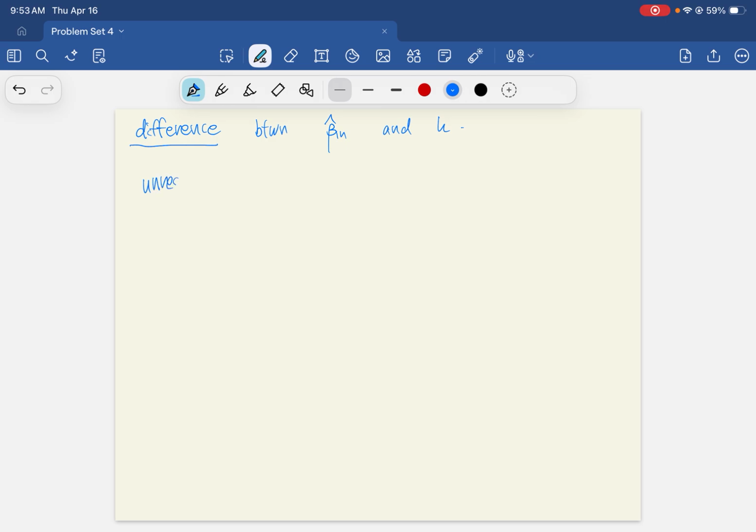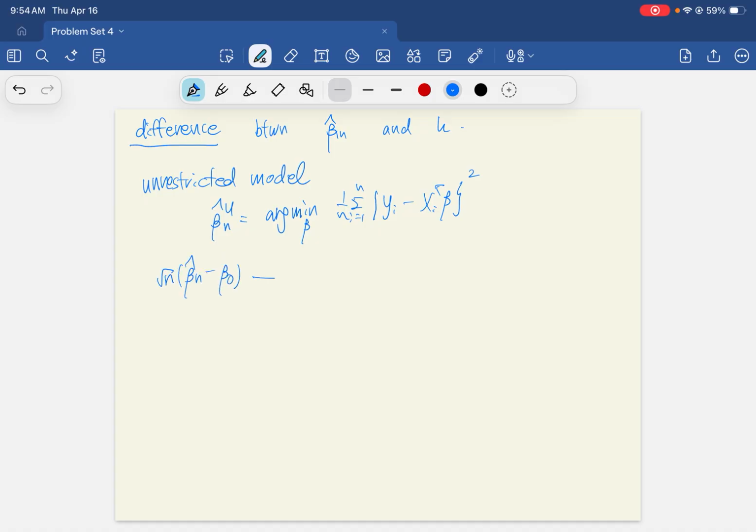Let me then think about this first. The unrestricted model is so simple, right? Regardless of the hypothesis, you can estimate beta u hat. It's minimizing the OLS, right? Nothing special. Okay, so you are going to get the OLS, and then I will just write down the asymptotic result.